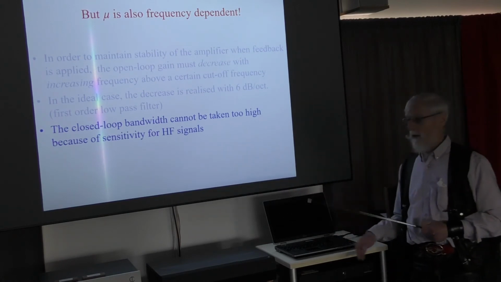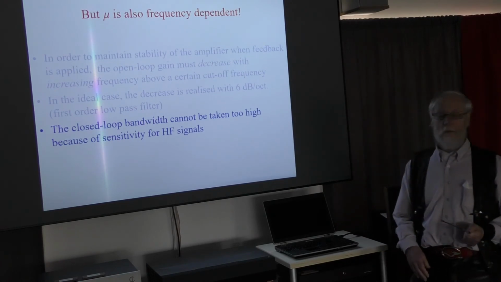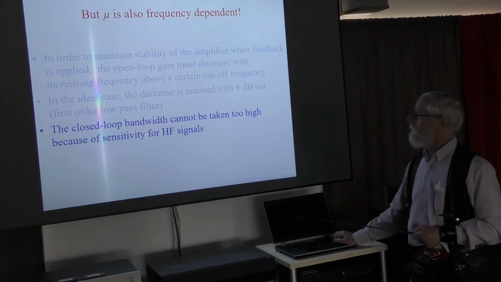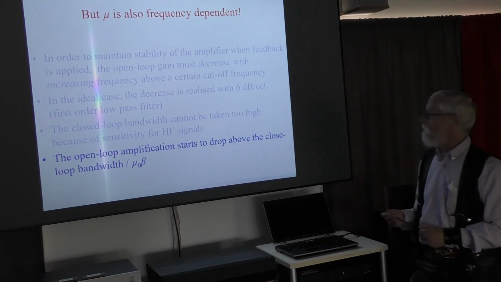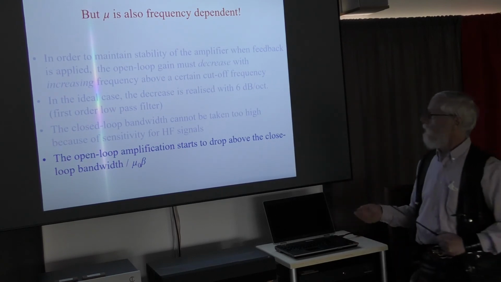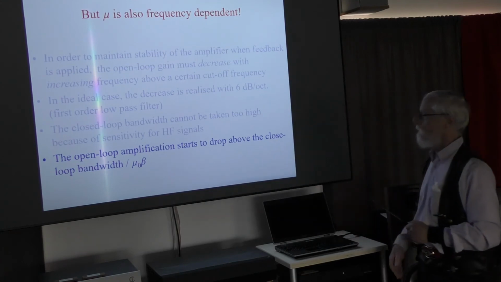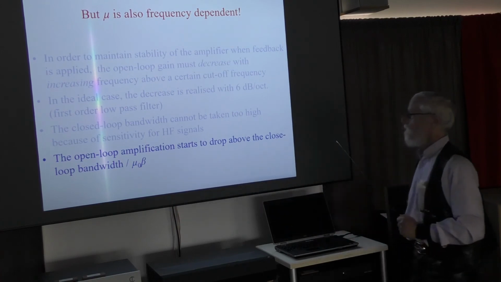When your amplifier could go up to 2 MHz, for example, then you better use it as a medium wave transmitter than as an audio amplifier, because you don't want all this high frequency stuff being processed by your amplifier. But your open loop amplification starts to drop above the closed loop bandwidth divided by mu0 beta.